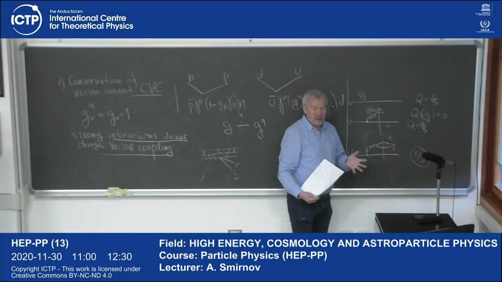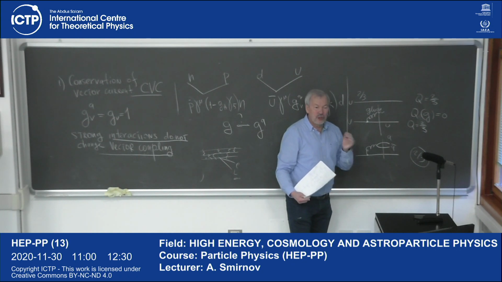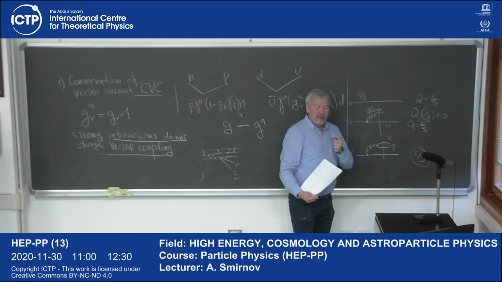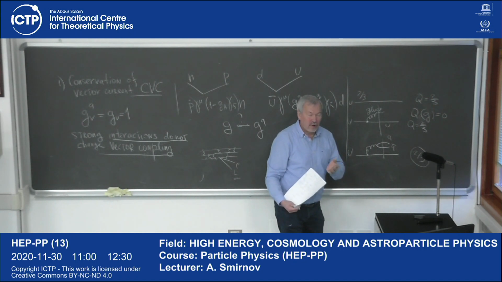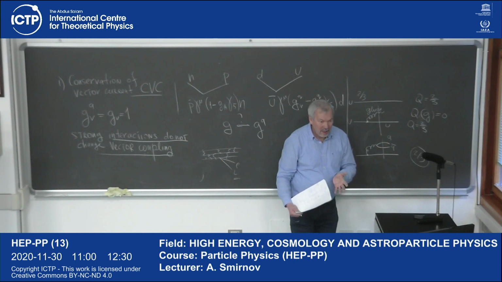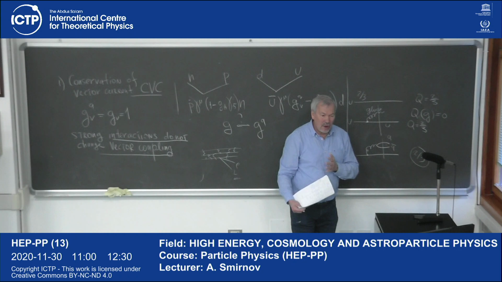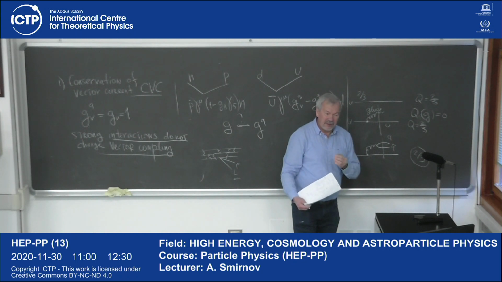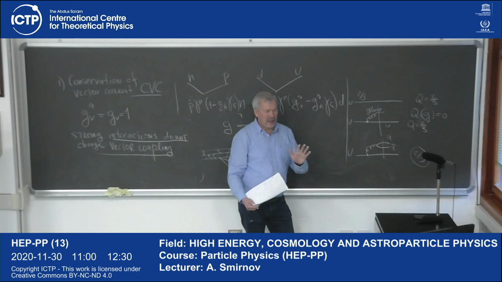So strong interactions do not change the electric charge of the quark. And for this reason, the electric charge of a hadron, for instance a proton, is just given by the sum of electric charges of quarks. And it doesn't change by strong interactions, by the fact that the quarks exchange gluons. So this is important. That's clear, no?